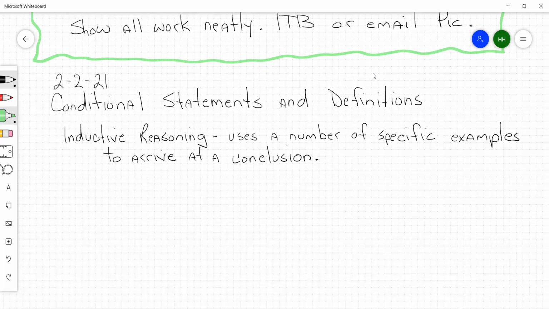Inductive reasoning is when you use a number of specific examples to arrive at a conclusion.